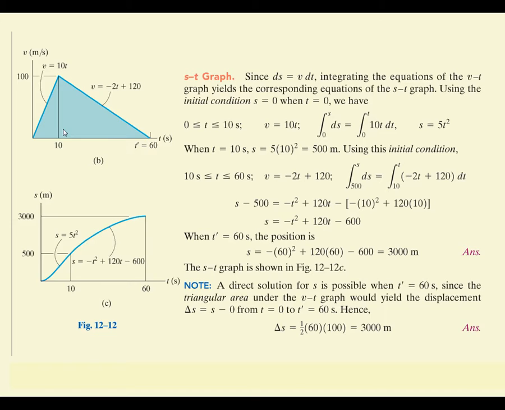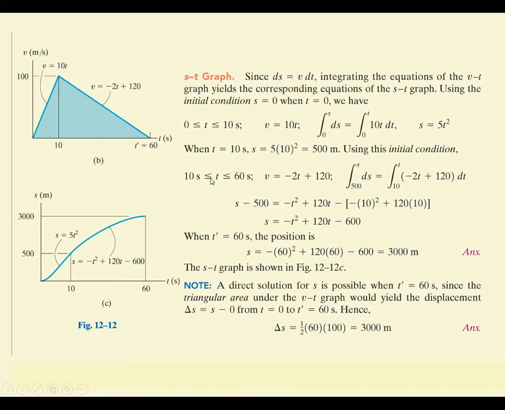You see the velocity is 10t. So if you integrate both of these, you have that the position is 5t squared. So when t is 10 seconds, this is 500 meters.